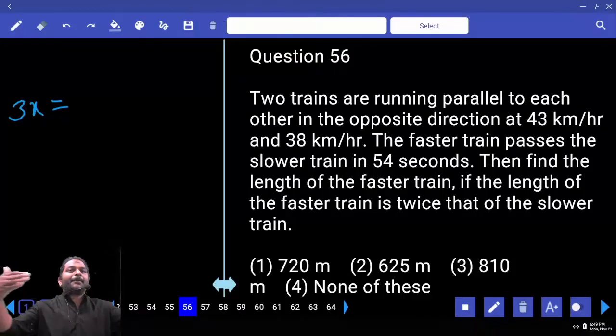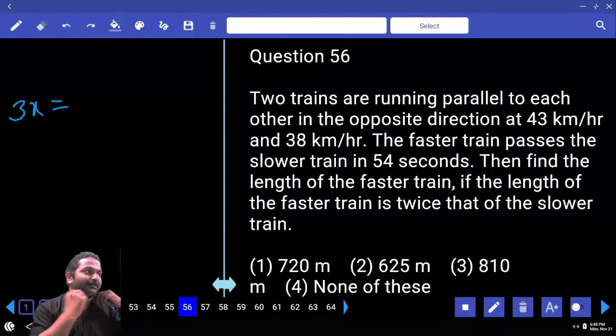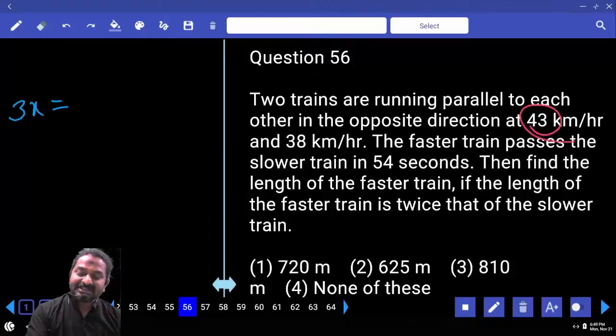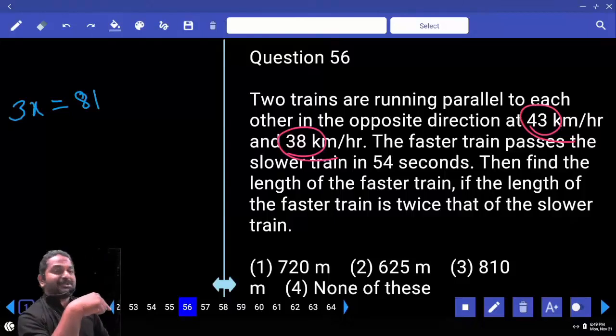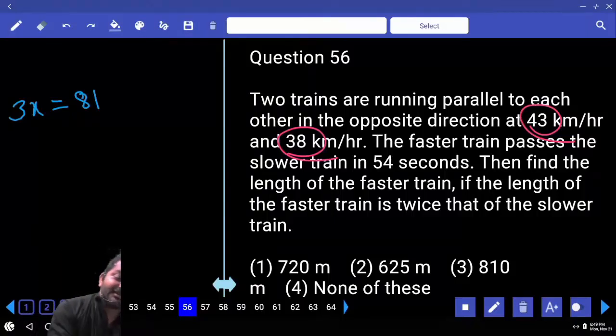As they are moving in opposite direction, relative speed becomes s1 plus s2. How much is that? 81 kilometer per hour. When you look at your options, options are in meters. Hence, we need to convert this to meter per second into 5 by 18.